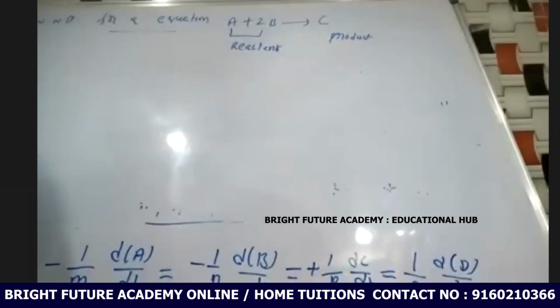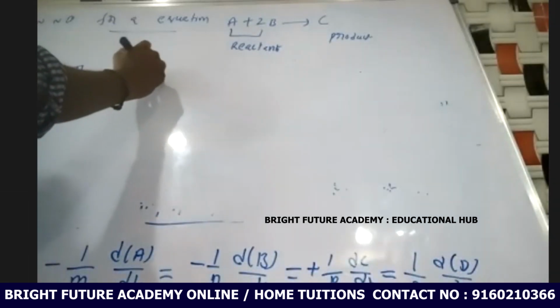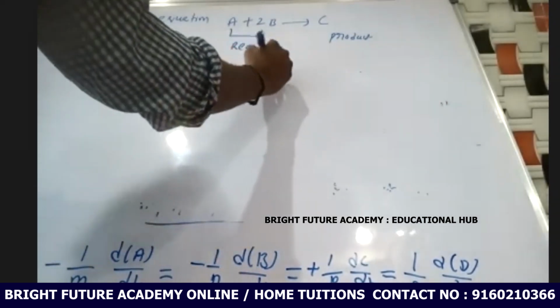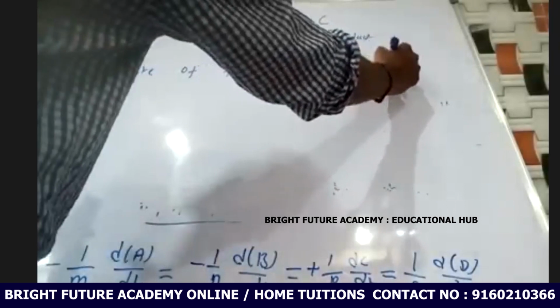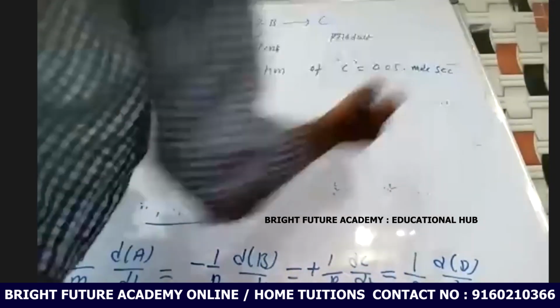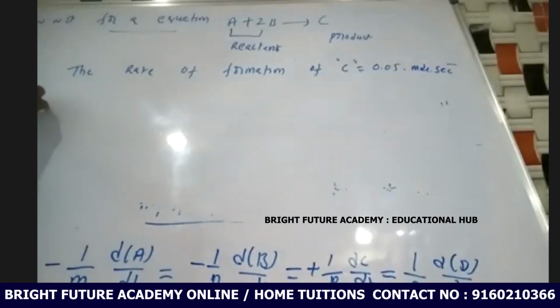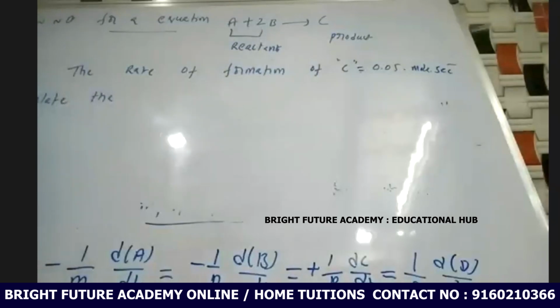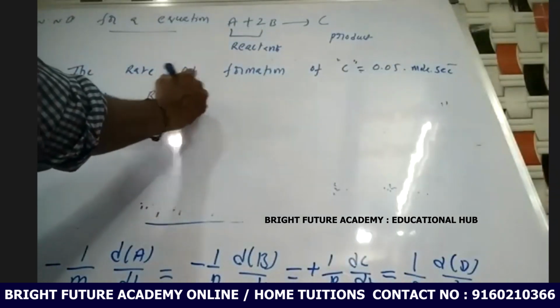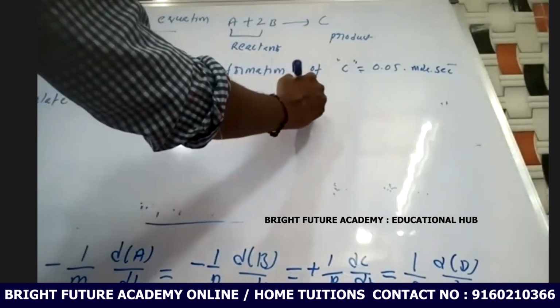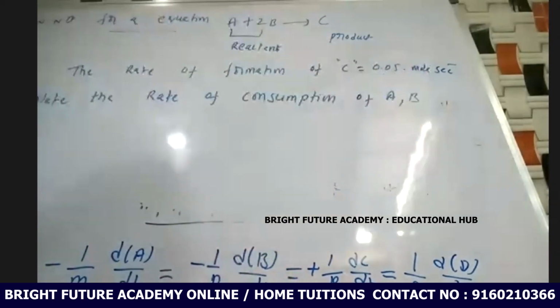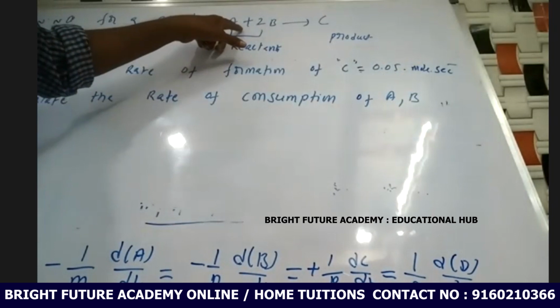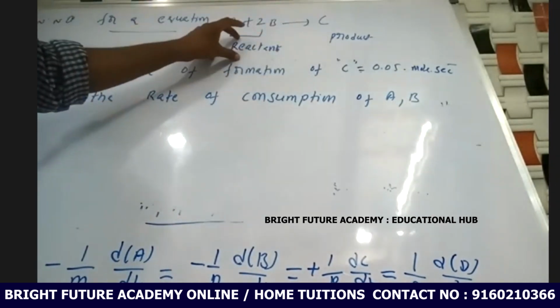The question: the rate of formation of C is equal to 0.05 mol per liter per second, and calculate the rate of conversion of A and B. So for the equation A plus 2B gives C, A and B are reactants and C is the product.